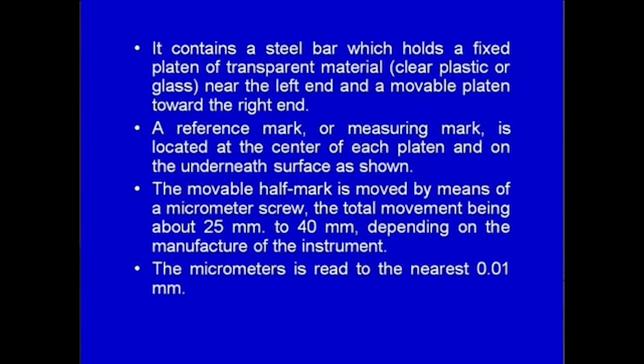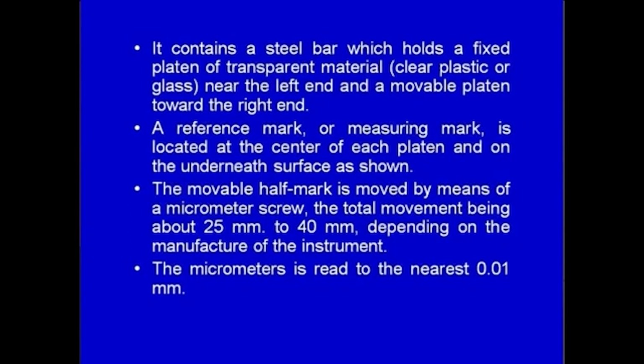It consists of a bar which holds a fixed platen of transparent material, that is clear plastic or glass, near the left end and a movable platen towards the right end. A reference mark or measuring mark is located at the center of each platen on the underneath surface as shown.